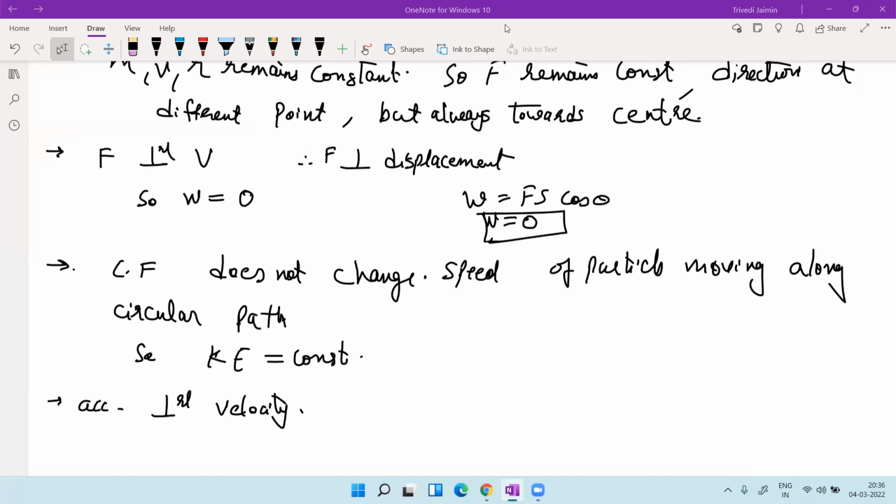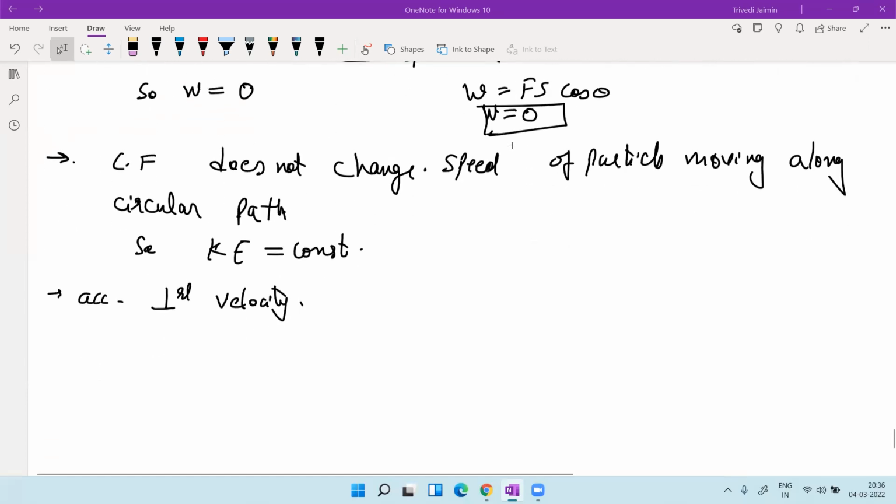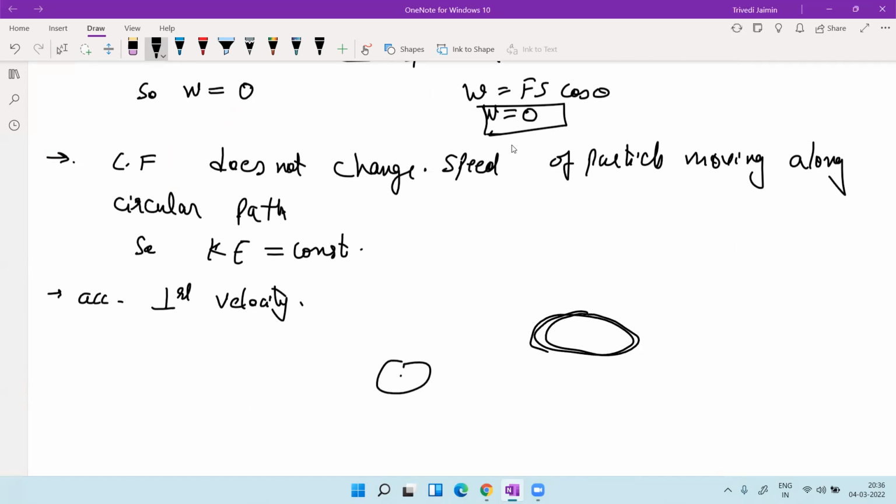Don't know any example? So many examples: Earth moving around the sun, electron moving around the nucleus. So many examples. If you tie a ball to a string and whirl it, that is centripetal force. He gave an example: turning of a car.